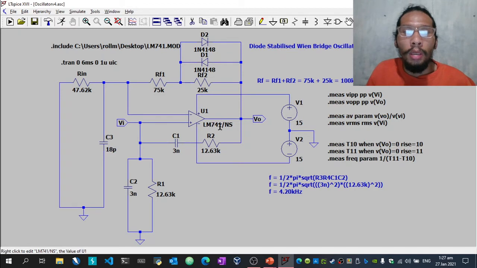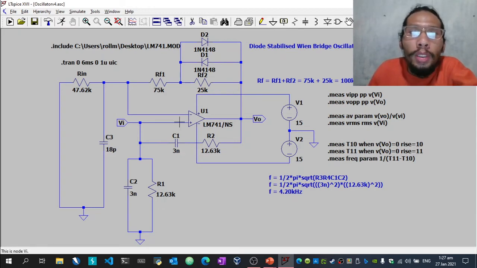The op-amp I use is LM741 model, and for this oscillator circuit design, I use the calculated values from the manual computation. The resistances for the RC network, R1 and R2, are equal to 12.63 kilo ohms, and for C1 and C2, that is 3 nanofarads, and for the R in is 47.62 kilo ohms, and for the RF is 100 kilo ohms.